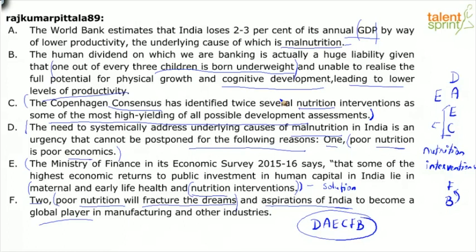When babies are not given the right kind of food or the right amount of food, it results in them being born underweight and other reasons. Because of that, cognitive development is hampered or impaired, leading to lower levels of productivity. And because of that, you have aspirations of India becoming a global player in manufacturing hampered or reduced.